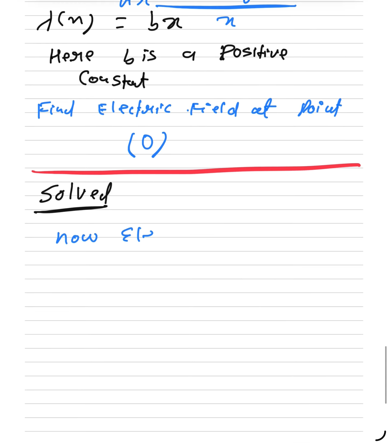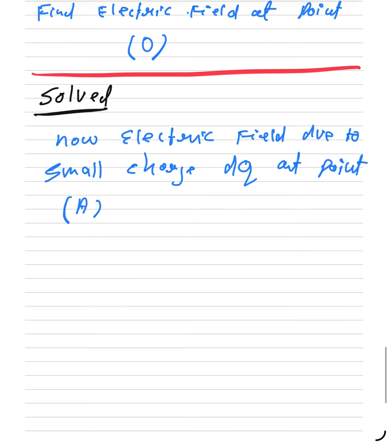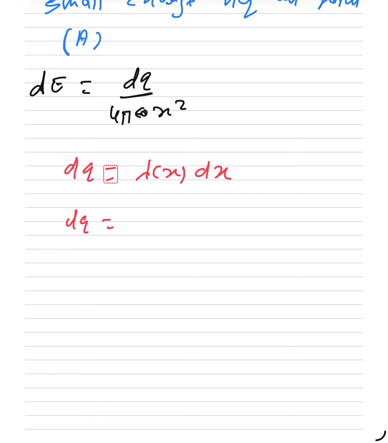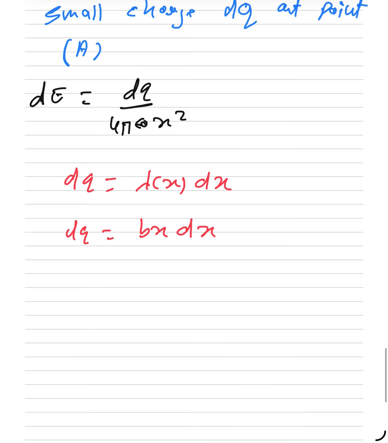Now the electric field due to a small charge dq at point O. Using the formula of electric field, dE equals dq divided by 4 pi epsilon naught x square, and the value of dq is lambda of x times dx, right, where the linear charge density is b times x, so dq equals bx dx, and put this value here.